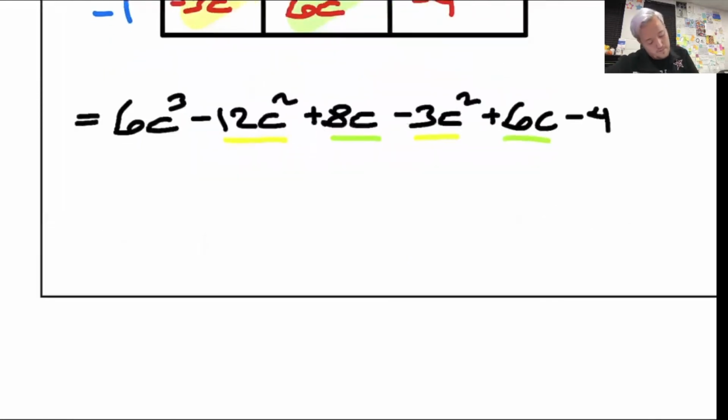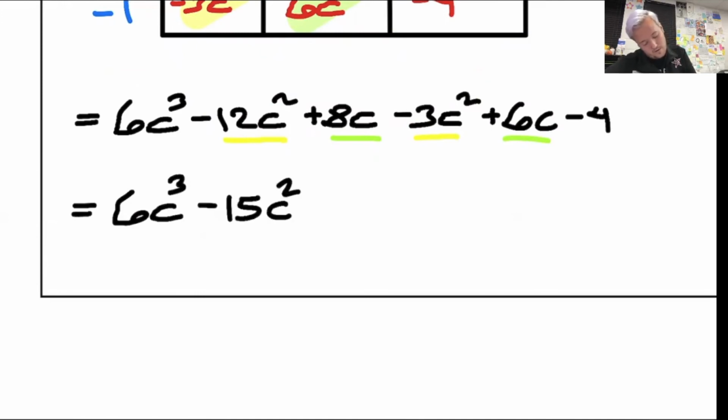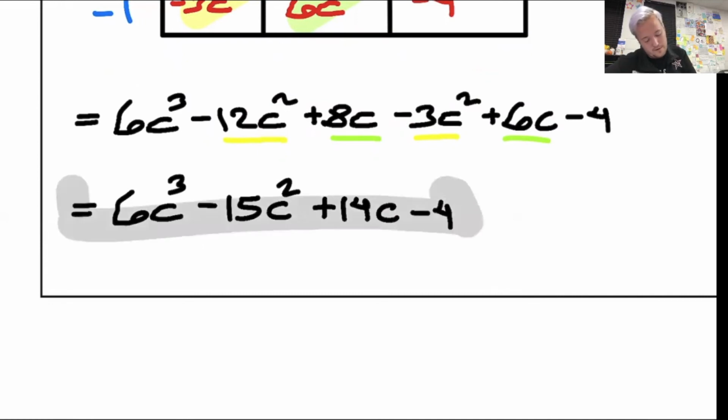So when I do that, I'm going to have 6c cubed minus 15c squared plus 14c minus 4. So this will be our final answer here.